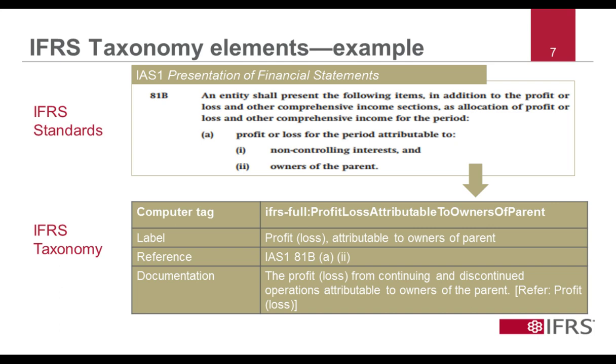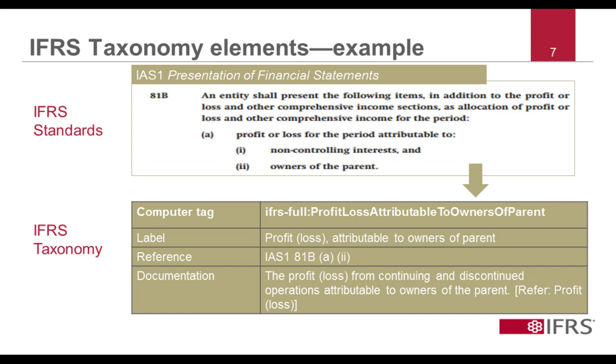To help preparers choose the correct label when they're tagging the information of the financial statements, the element also includes the following, and you can see this in the box at the bottom of the slide. It includes, firstly, the label, profit (loss) attributable to owners of the parent, but it also has a reference, and you can see there IAS 1, 81B, (a)(ii), and that's the reference back into the IFRS standard.